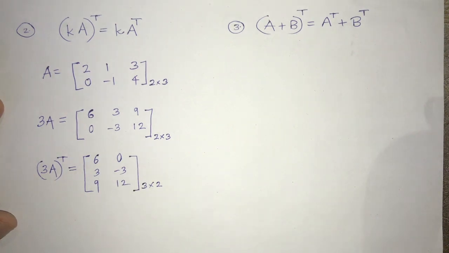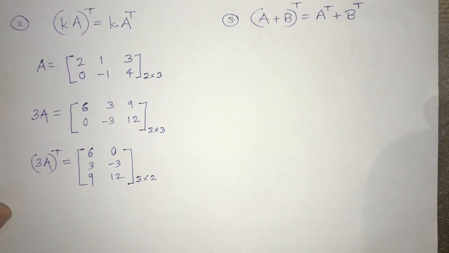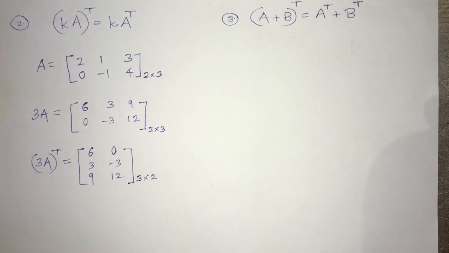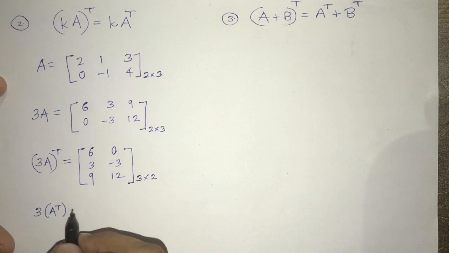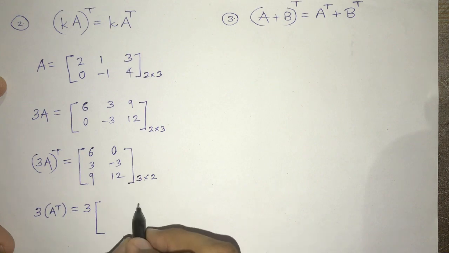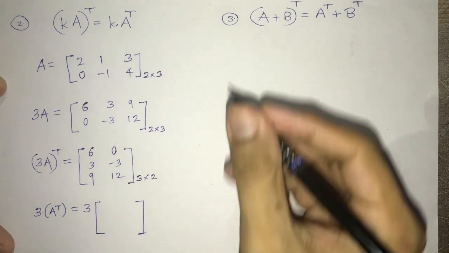Second row will become second column. Okay. So that is the transpose of 3A. Now what the property says is that the transpose of 3A will be the same as 3 times A transpose. So let us check that. I'll keep 3 outside and we are going to multiply it to the transpose of matrix A.